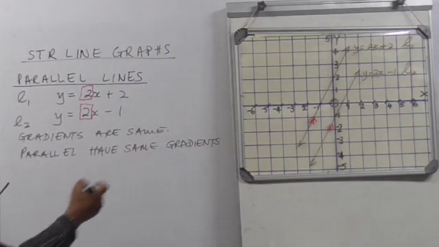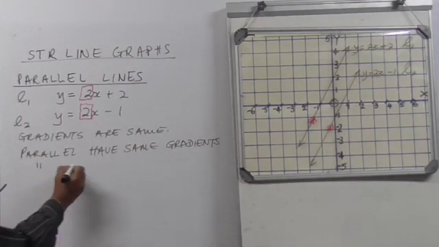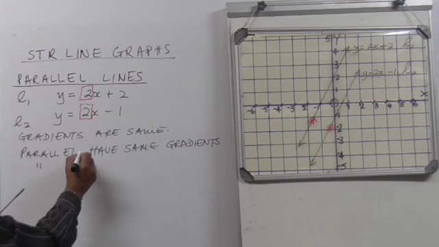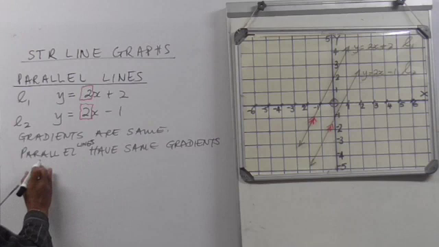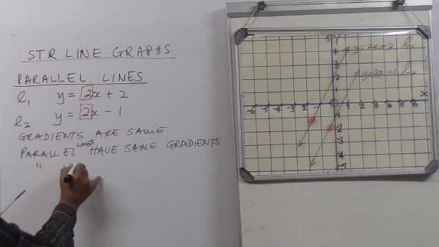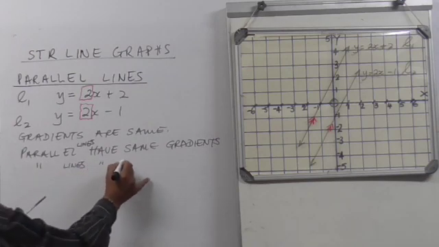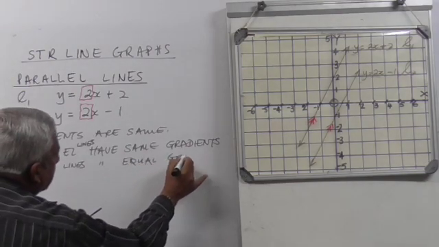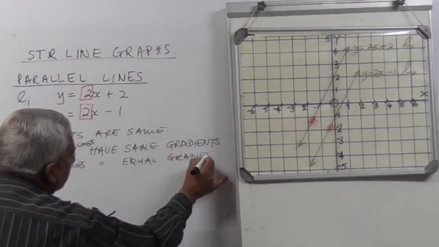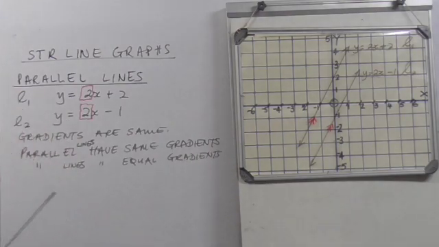So this gradient and this gradient are the same, or these gradients are equal, therefore these two lines are parallel.